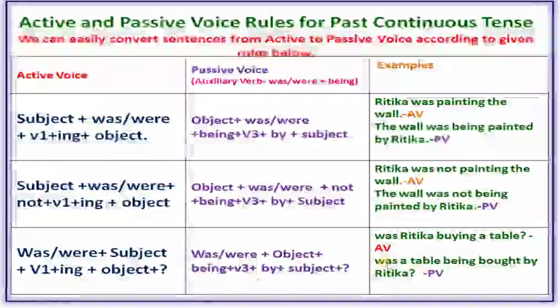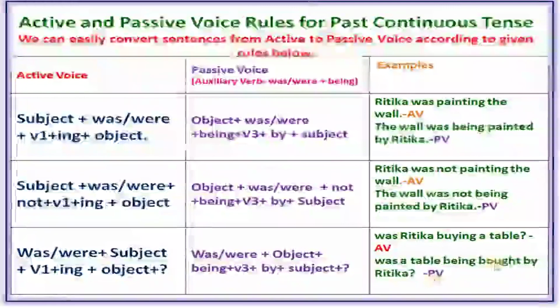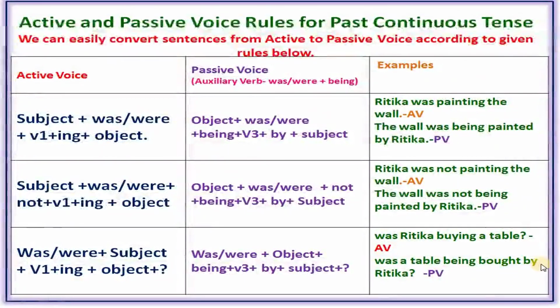So first, according to this formula, we use the be form or auxiliary was, because table is singular. That's why: was a table being bought by, with by being the compulsory preposition here, Ritika. So the subject is Ritika.